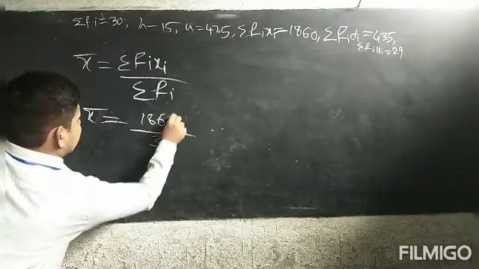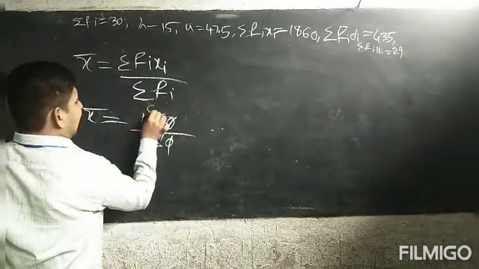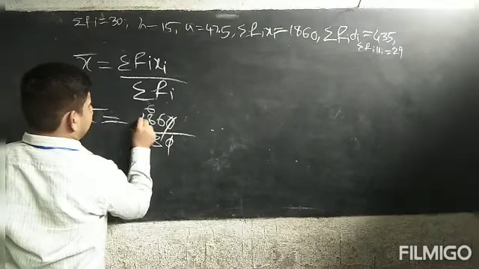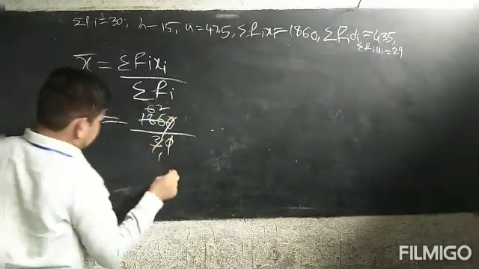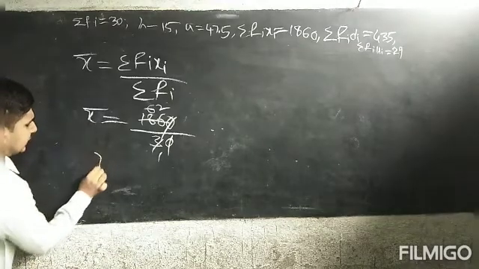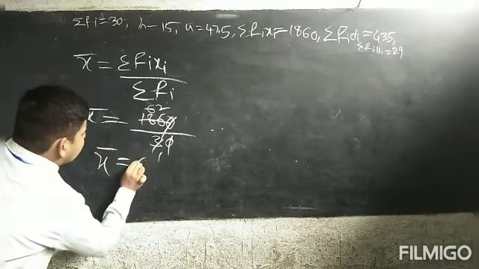So x bar equal to 62. So the mean value is 62 in the direct method.